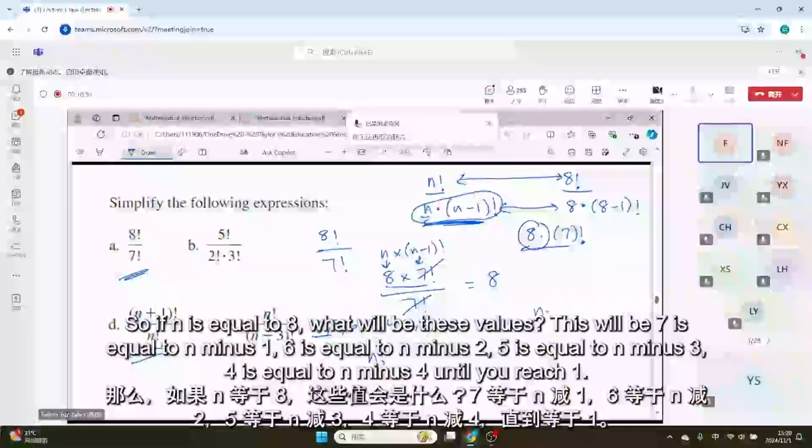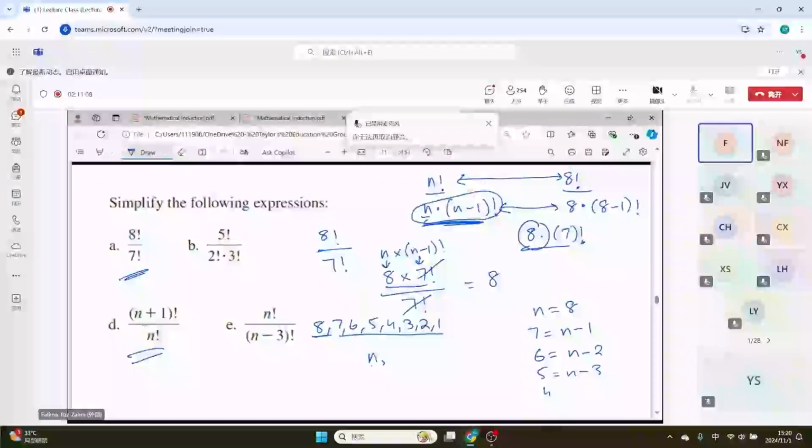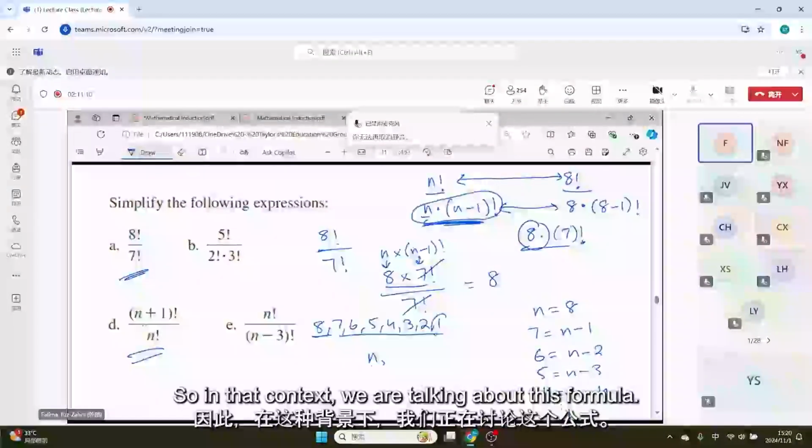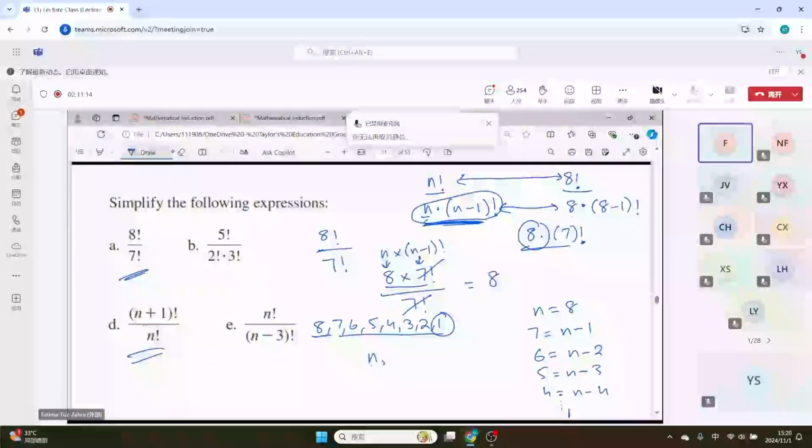So if n is equal to 8, what will be these values? 7 is equal to n minus 1, 6 is equal to n minus 2, 5 is equal to n minus 3, 4 is equal to n minus 4, until you reach 1. So in that context, we are talking about this formula. Let's try to solve.